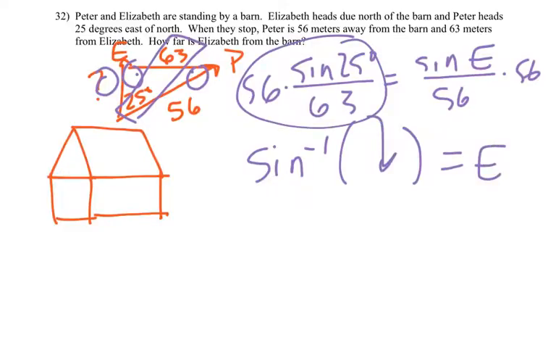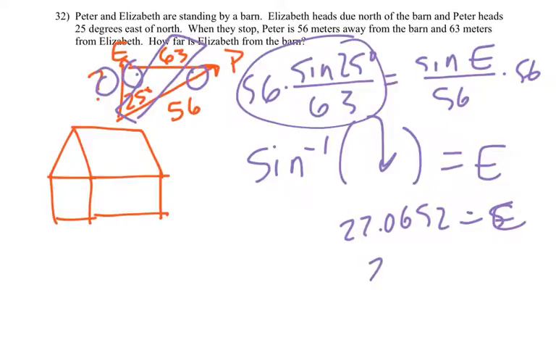Okay, so once again, in my calculator, I type that in. I do the inverse sine of my fraction, and then I go 56 times the sine of 25 degrees over 63. And that gives me 22.0652.